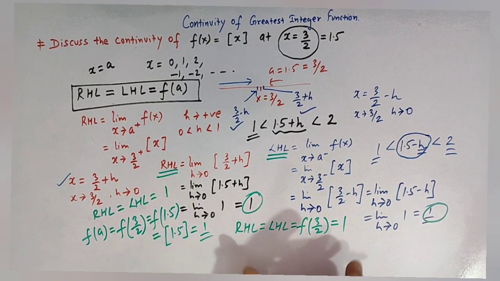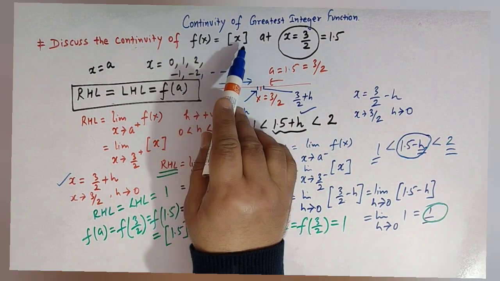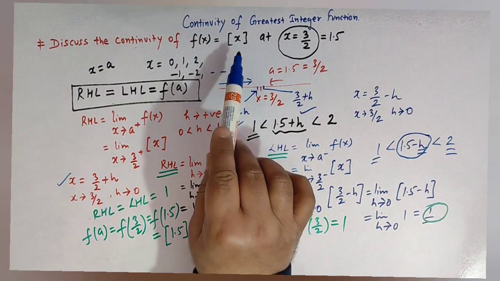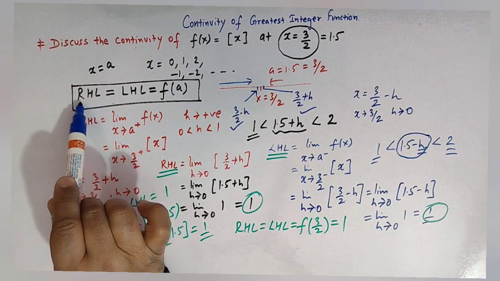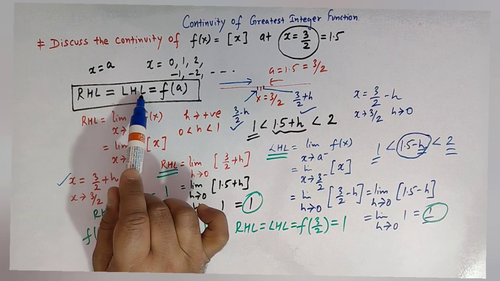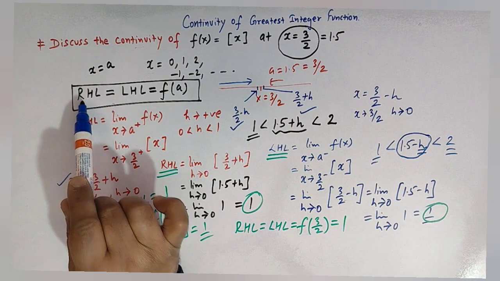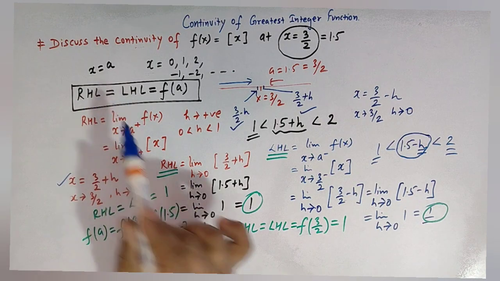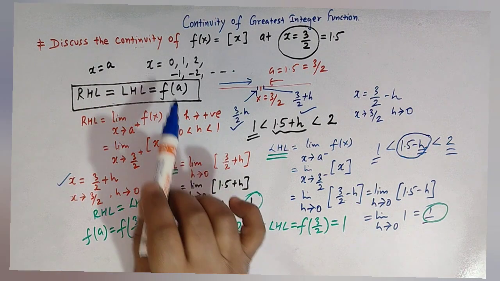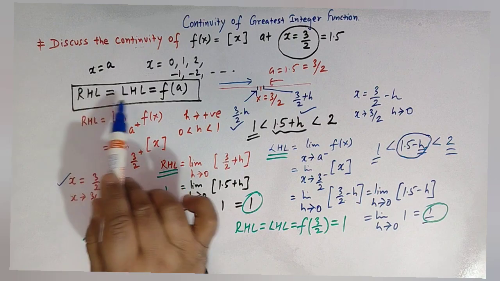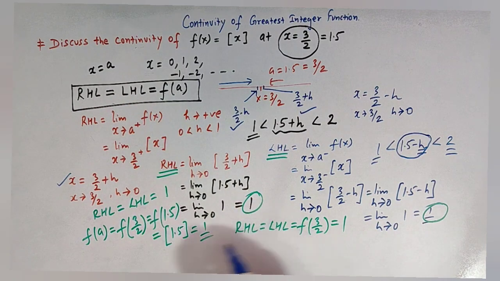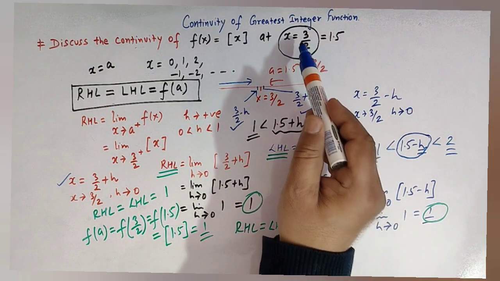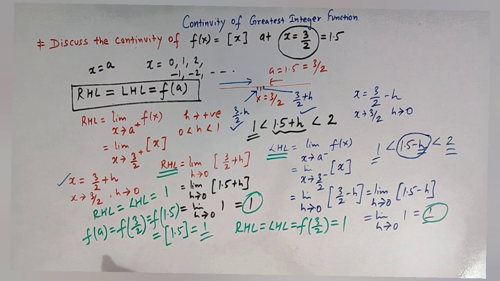So we see that this function, the greatest integer of x, satisfies this condition, that the right hand limit is equal to the left hand limit. Both the limits exist and they are finite and equal to 1, right? And moreover, the right hand limit and the left hand limit both are equal to the value of the function at this point, that is 1.5, right?